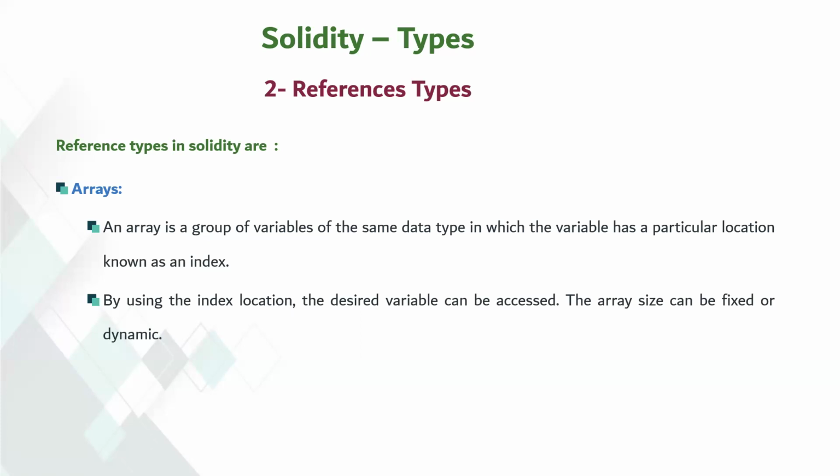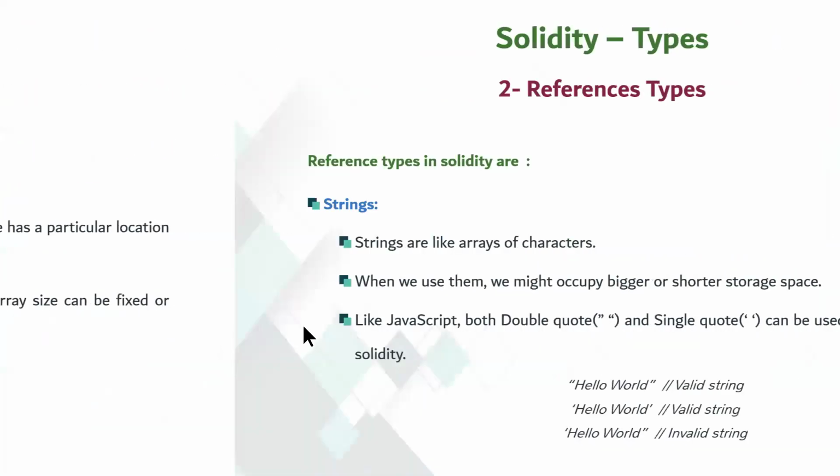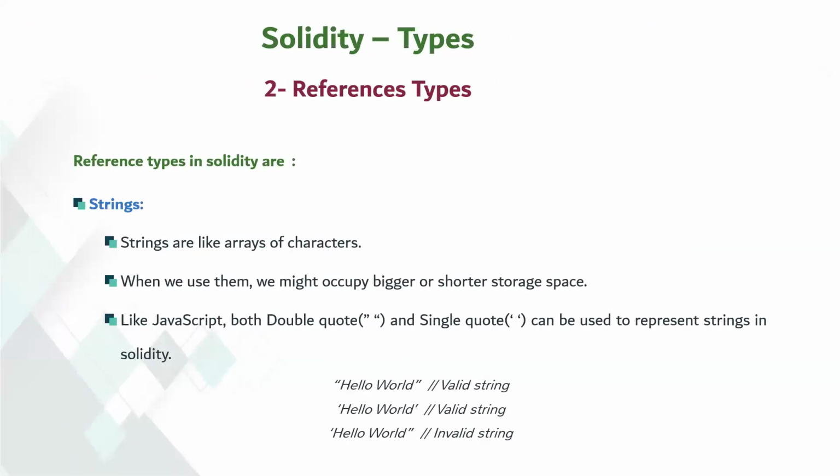Arrays have a continuous memory location where the lowest index corresponds to the first element, while the highest represents the last. Now let's talk about strings. Strings in Solidity are a reference type of data type which stores the location of the data instead of directly storing the data into variables.